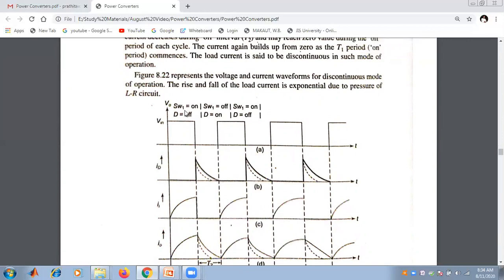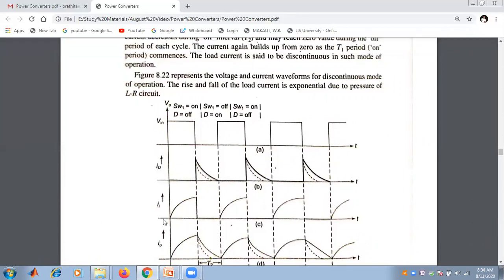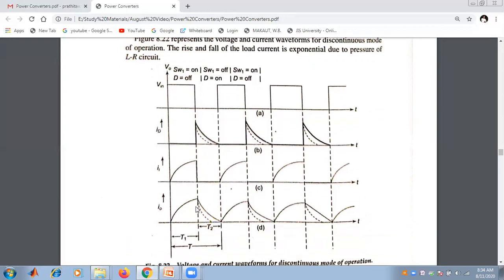Here the switch is on and the diode is off. Then the switch is off and the diode is on. Again the switch is on and the diode is off, and this process is repeated, where the input current is gradually increasing in nature. And this is the nature of the output current.